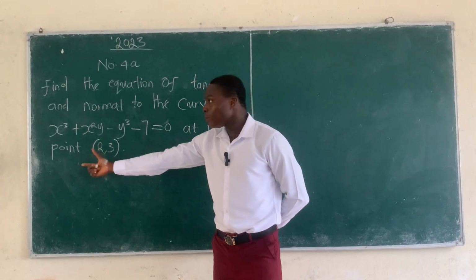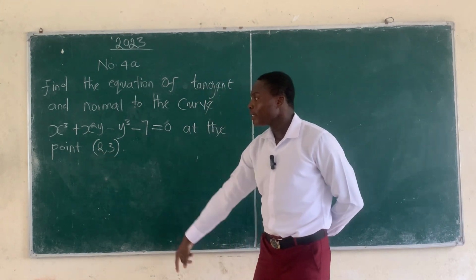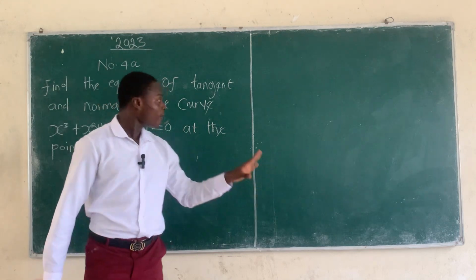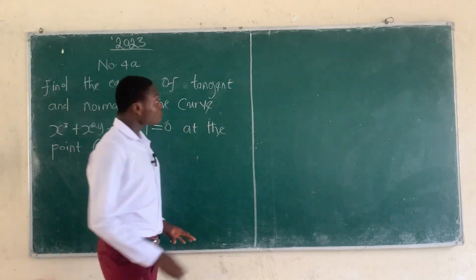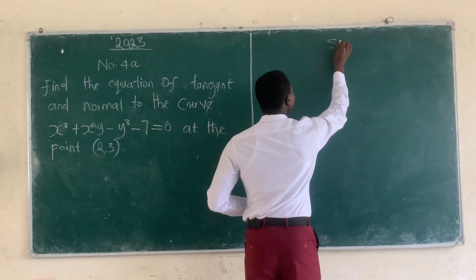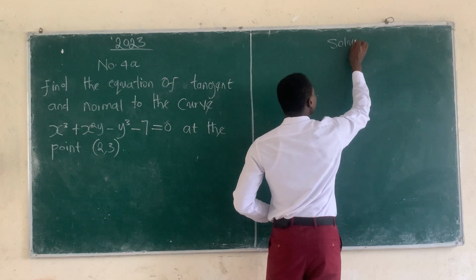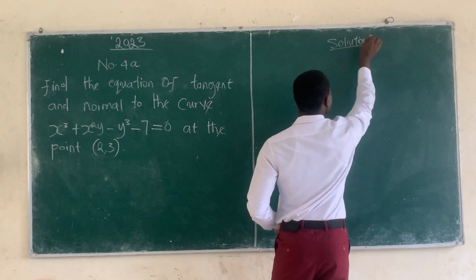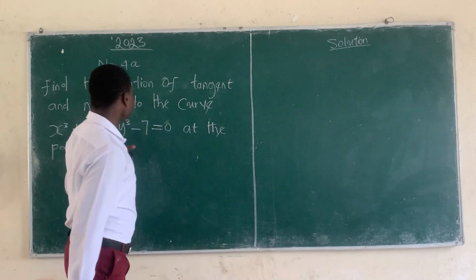So we have that the point x is 2 and y is 3. Let's see how we can solve this given problem. We are asked to find the equation of tangent.